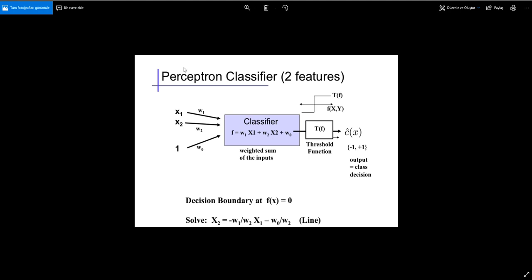The perceptron classifier is a really important concept in machine learning, because the perceptron needs input, and the classifier is really important in data science, because you classify objects to understand the structure. The perceptron classifier needs a weighted sum of the inputs. There is a threshold function.